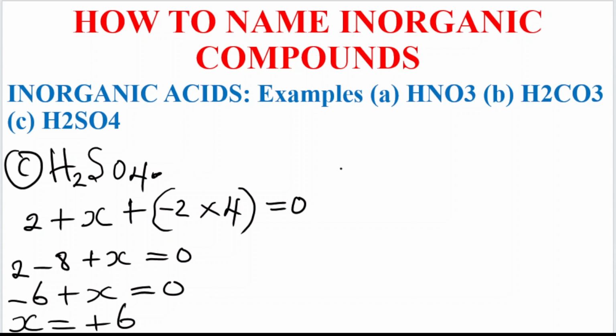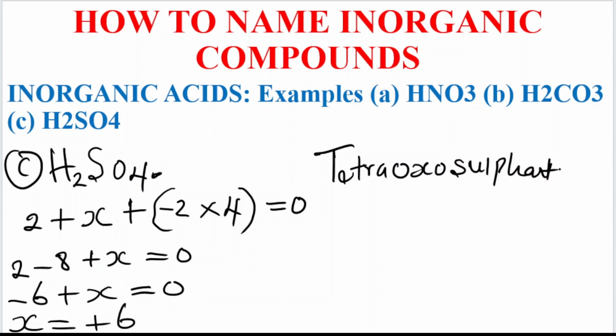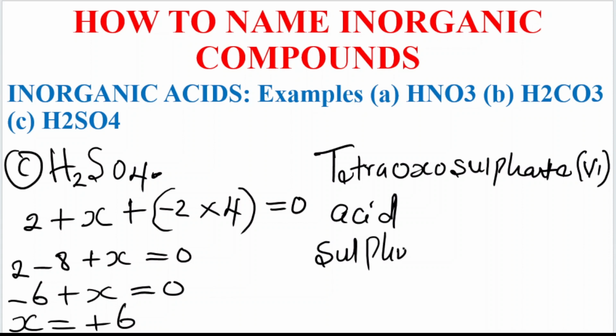What do you think? 4 will be tetraoxo sulfate 6 acid. In some cases it might be called or known as sulfuric acid.